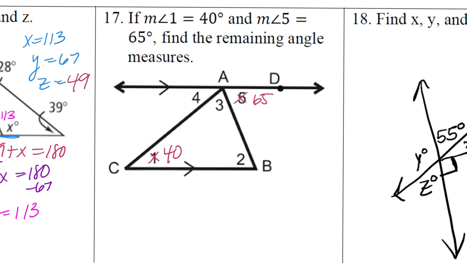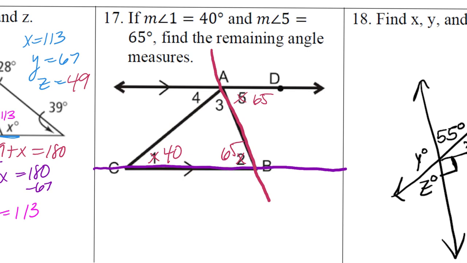So I'm going to go ahead and extend this bottom line a little bit just to make it a little bit easier to see. So if they're parallel, I'm going to have it cut by this burgundy transversal. So we know that angle 5 was 65. That's written in there now. So those are going to be alternate interior, angle 5 and angle 2. So that means angle 2 is also 65.